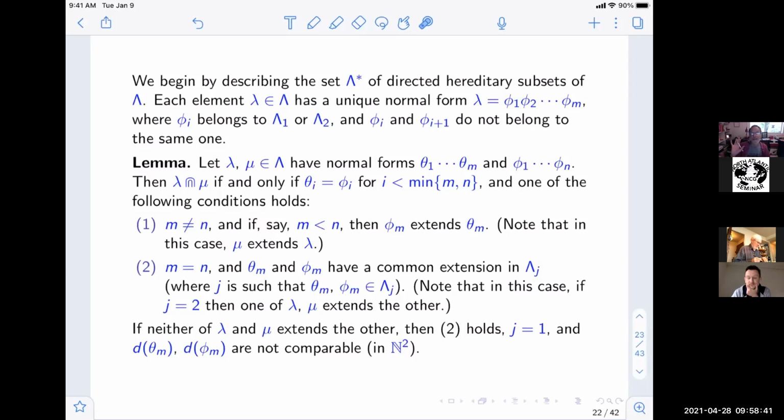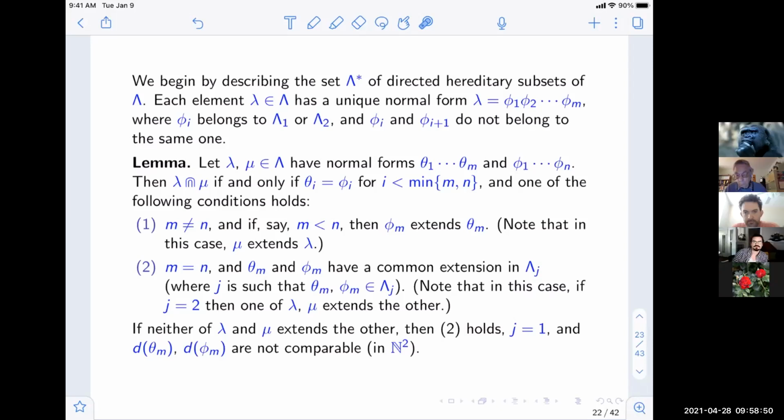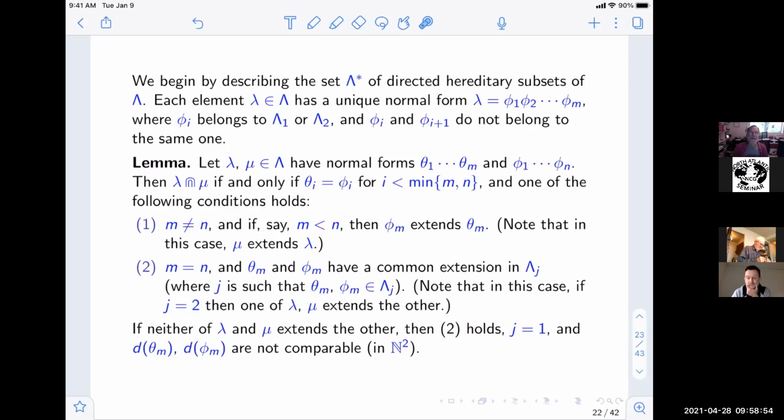And this doesn't require finite alignment to work with. The presentation I'm giving here with these directed hereditary sets is a simplification that's possible because of finite alignment.